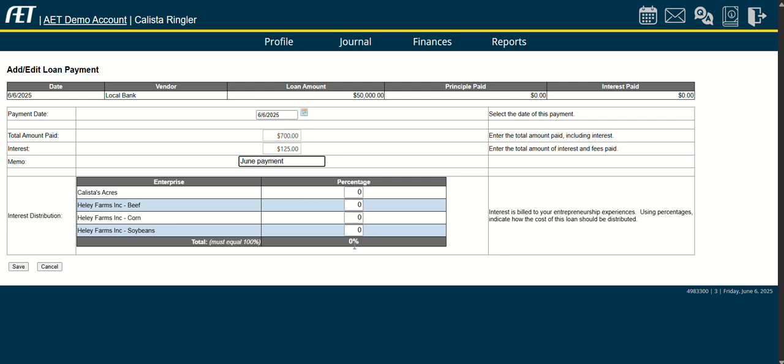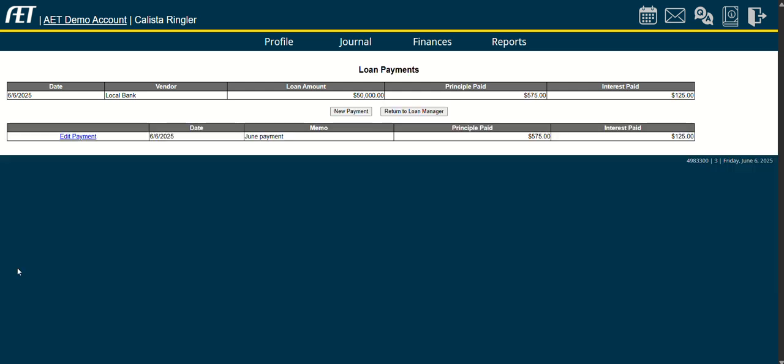And I can distribute that payment across my SAEs. Okay, so because this is all for my ownership, I should be only putting it under my ownership one, and that is what is noted over here too. Okay, so I want my interest to be billed to my entrepreneurship experience, which is only this guy. So this should be 100 right there. Notice that your total must equal 100, and then I hit save.